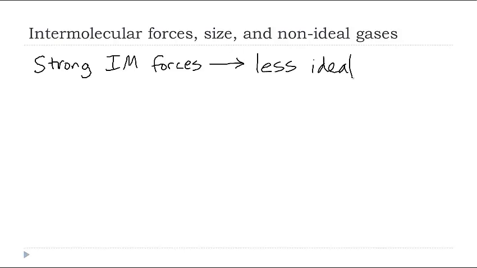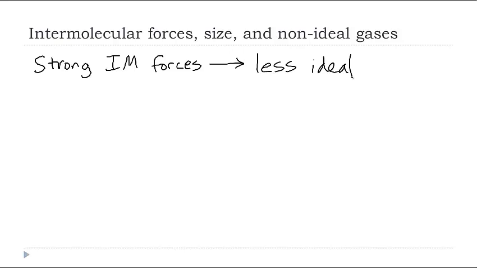And the ideal gas law is based on the assumption that when they hit each other, they just bounce off. If the particles are attracted to each other, it causes them to slow down as they pass each other, and it's going to cause them to pull in a little bit. So the actual volume will end up being smaller than what you might predict because of the attractions between particles.